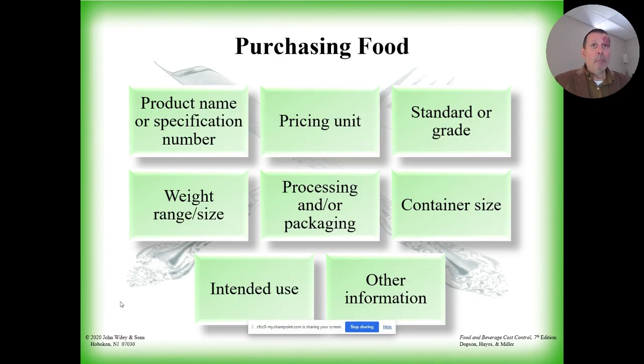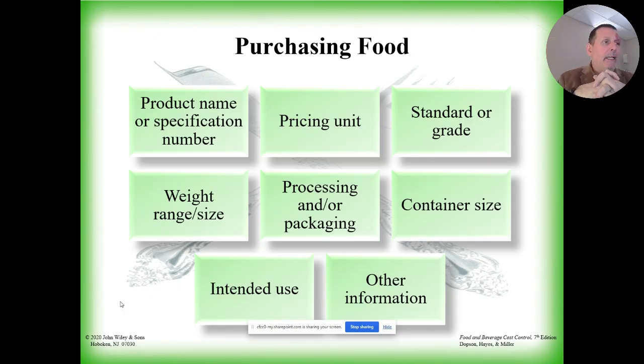Intended use: putting the intended use on a specification. If all other information is wrong, or somebody tries to manipulate that other information, saying I don't have this or that, they're trying to substitute on you, and they see the intended use, that should indicate what all the other things are.